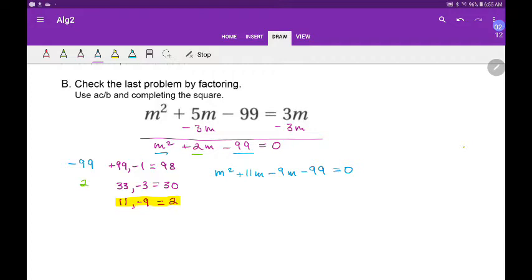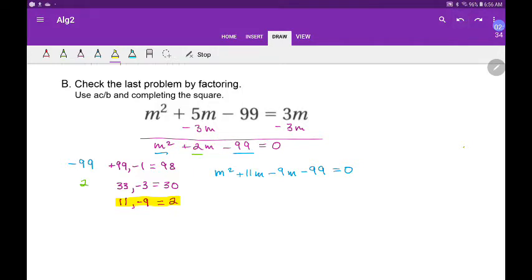Okay, so you can see certain things. These parts didn't change. These parts didn't change. Those 4 things, they're the same. However, the 2m in the middle is replaced by 2 things, negative 9m and positive 11m, but they do mean the same thing. They both add up to 2m.